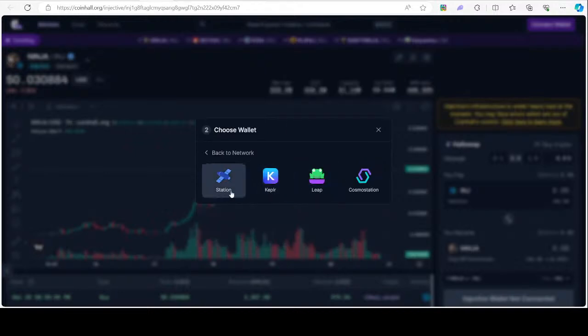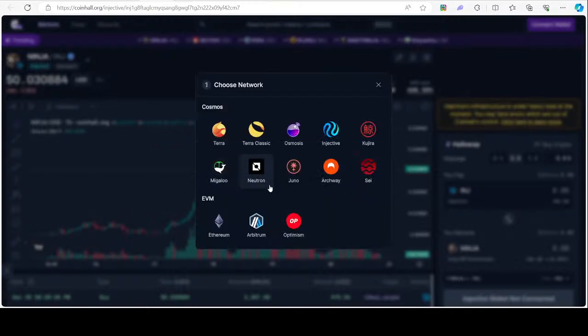They say pick a network, and then they use the same wallets. So you can use Station, Keplr, Leap, or Cosmos Station. And then you just swap over one of the coins there. So this has really low gas fees, right? I'd say this would be pretty cheap for Engine. I've never really done too much swapping on Engine.